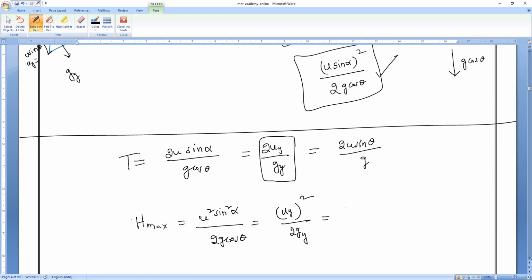For ground to ground, we know it is u square sin square theta divided by 2g. Very important, because of these two, next range is even more important. Till here, anyone having any doubt, you can ask me, or else we'll proceed.